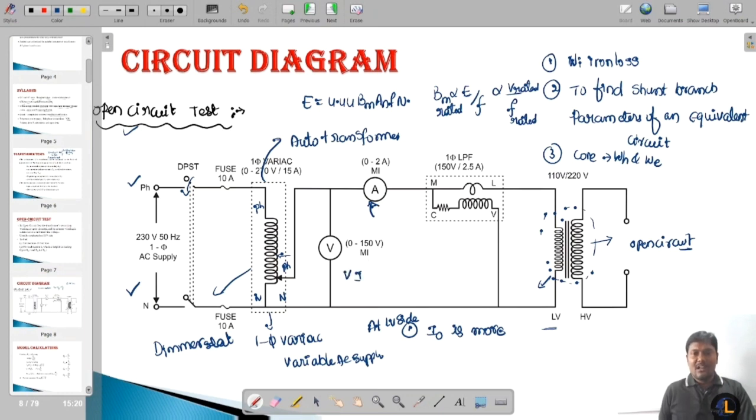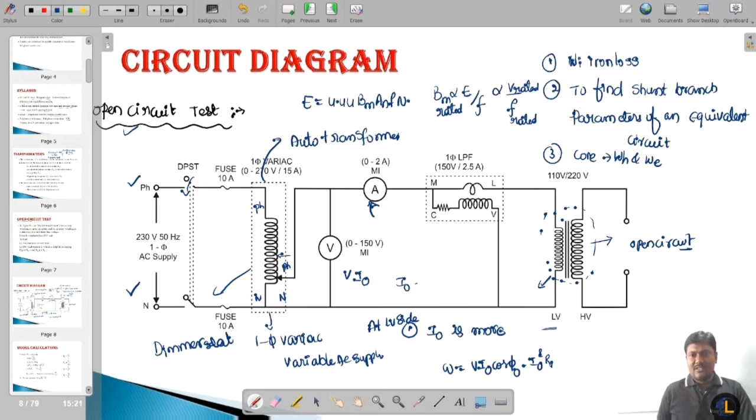From the wattmeter we are getting the iron losses and a small amount of copper losses. W is equal to V I0 cos phi0 minus I0 squared R1. The I0 value is very small, that is 5 to 8% of the full load current.